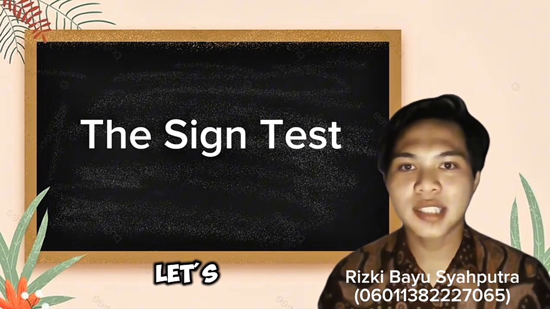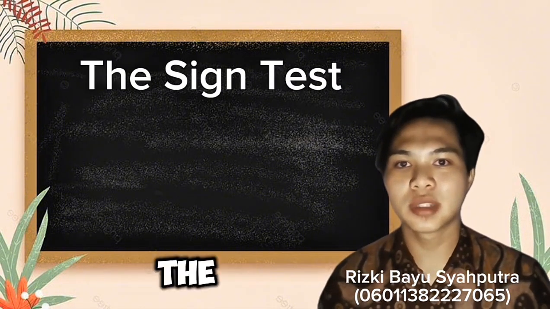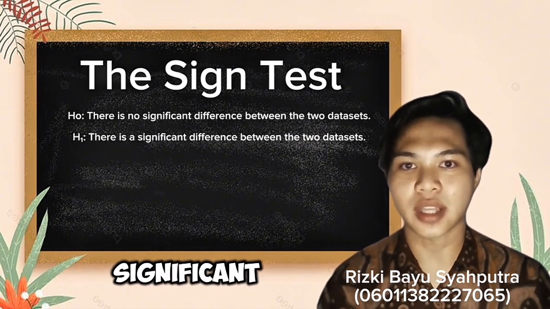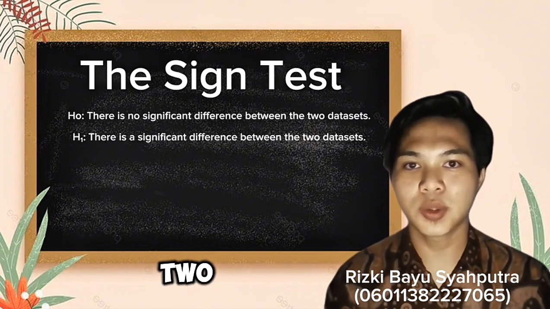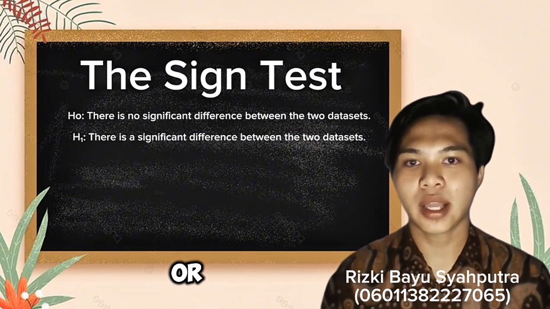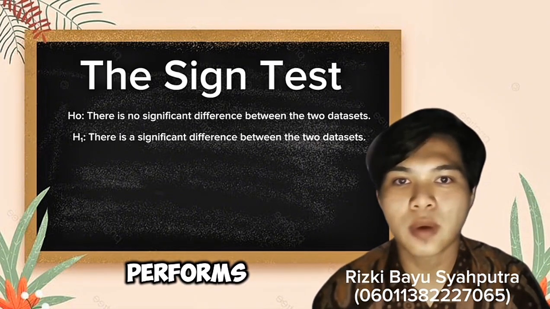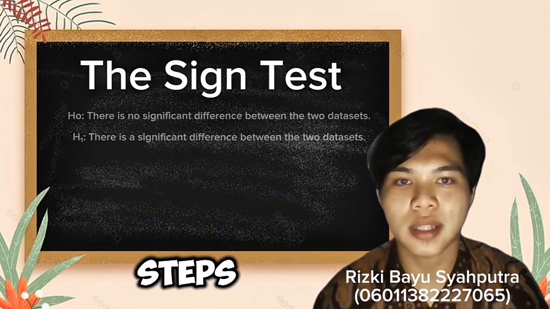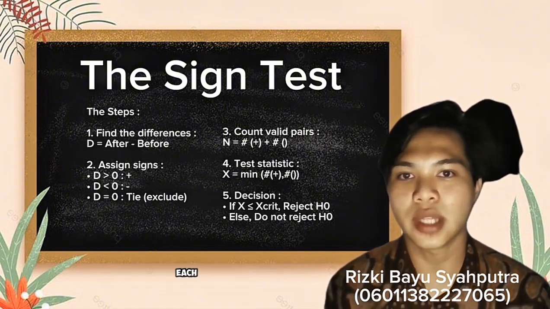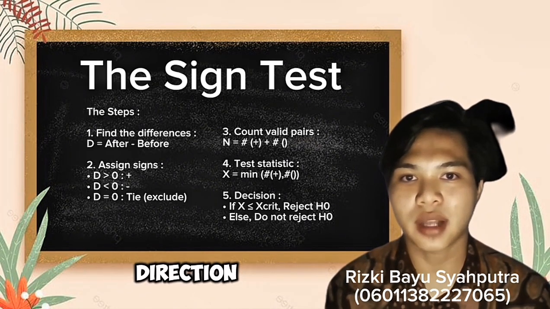Now, let's move on to the hypotheses used in the sign test. The null hypothesis, or H naught, states that there is no significant difference between the two datasets. The alternative hypothesis, or H1, states that there is a significant difference. To perform the sign test, we follow these steps. First, we calculate the difference between each pair of scores, always subtracting in the same direction.